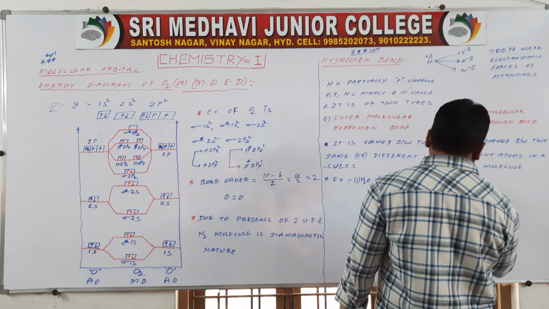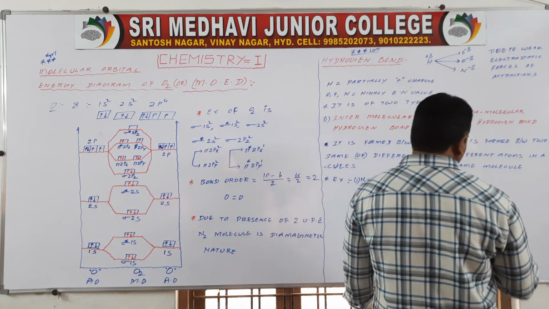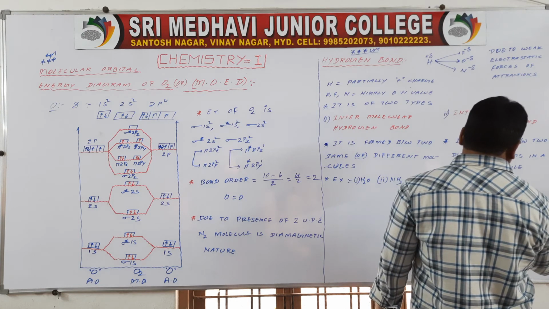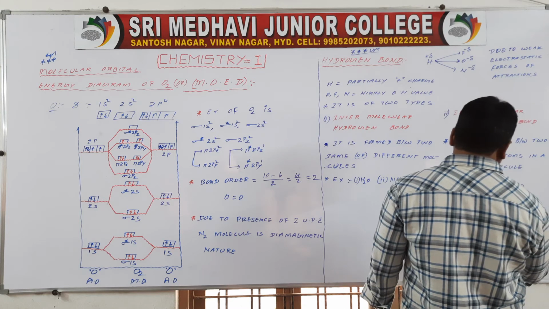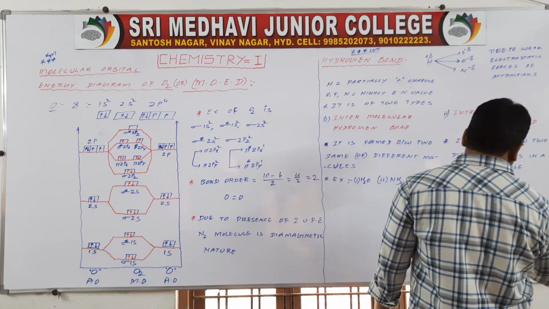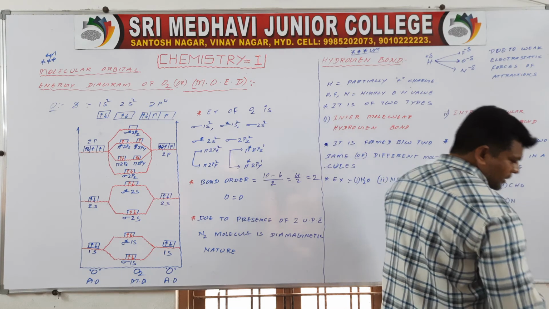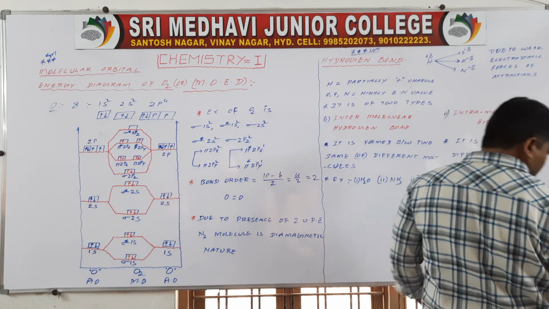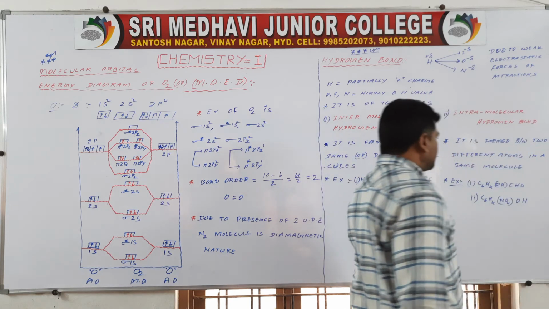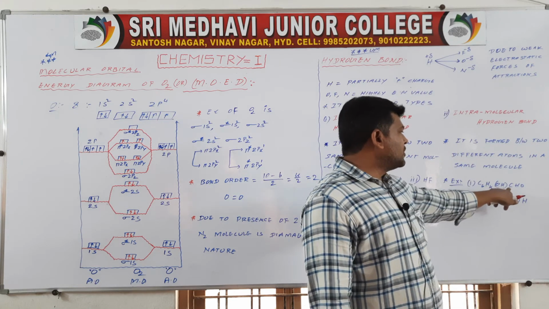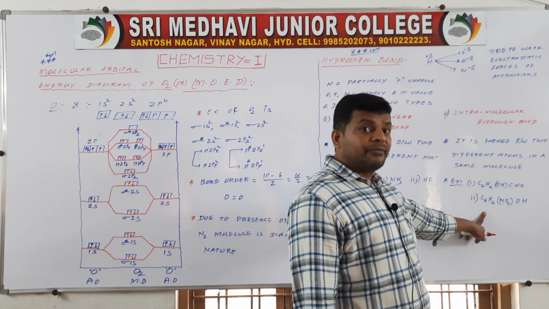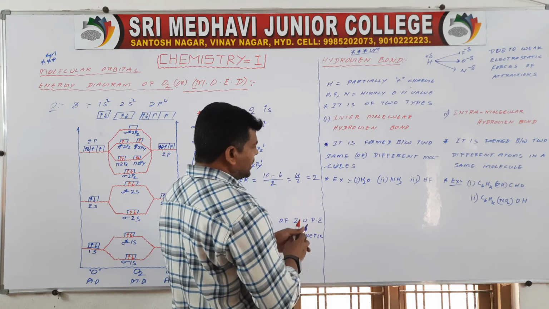Here examples: C6H4(OH)CHO and C6H4(NO2)OH. Name of the first molecule is orthohydroxybenzaldehyde. Name of the second molecule is orthonitrophenol.